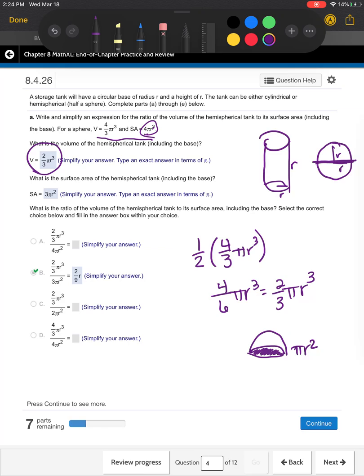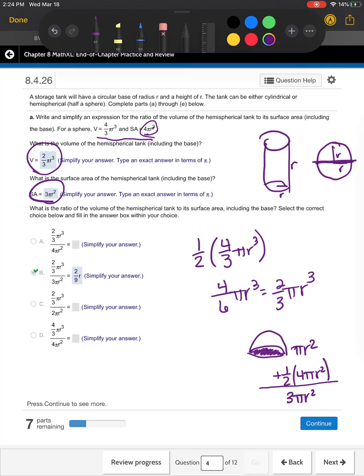And we would need to add that to half of the surface area of the sphere. So half of 4 pi r squared plus pi r squared is 3 pi r squared, which is how I got this number here.